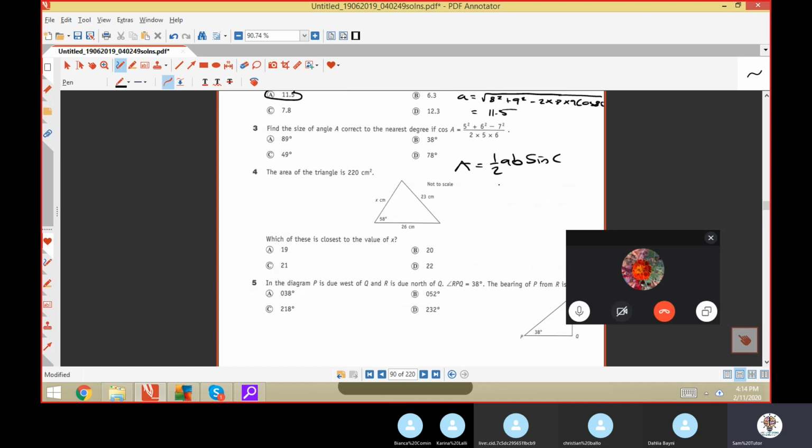Okay, you guys remember how to use the formulas? Crisscross for sine, capital V for area, and cosine.